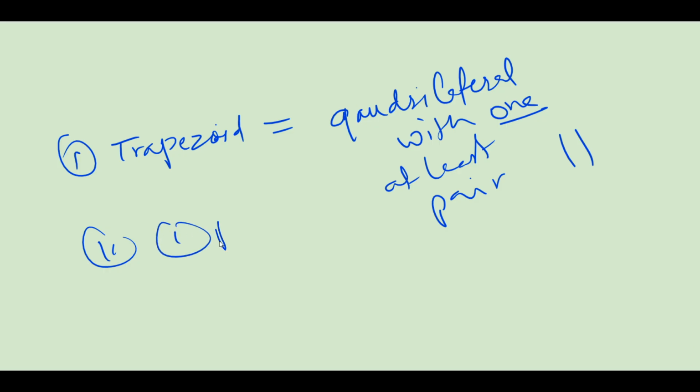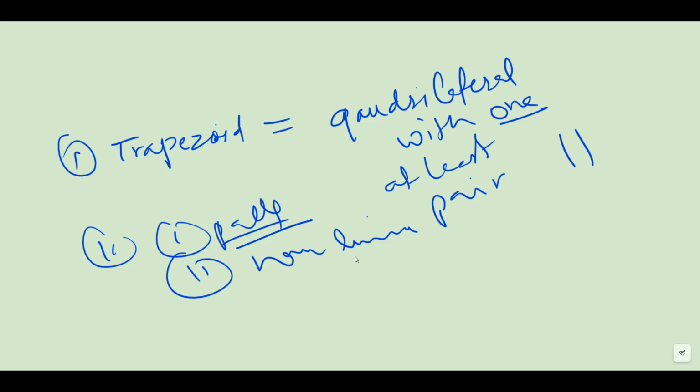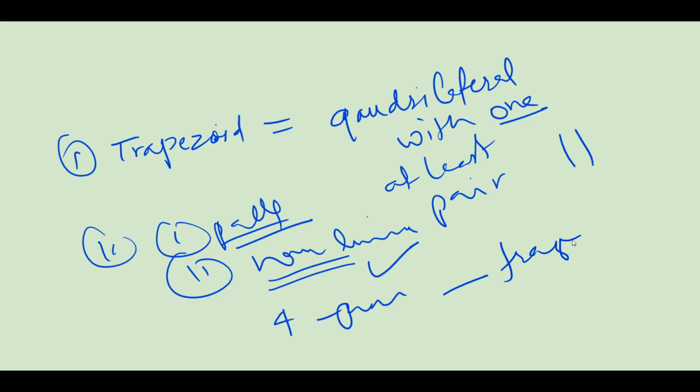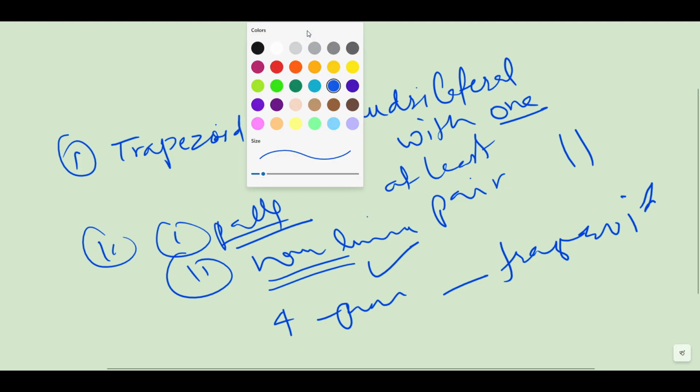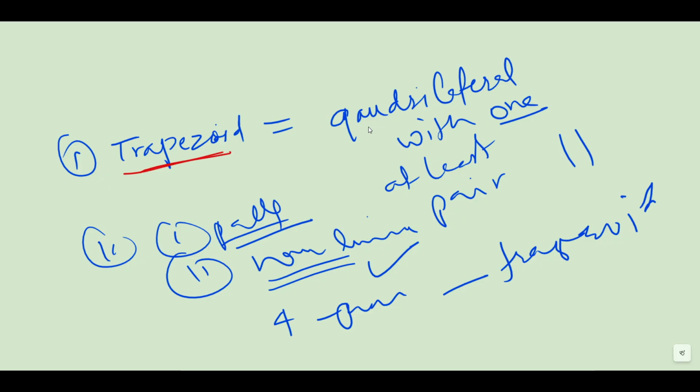There will be either parallel or collinear. Collinear means it has the same slope and the same intercept, so it is the same line, and we have to skip it. If it is parallel, it has the same slope.